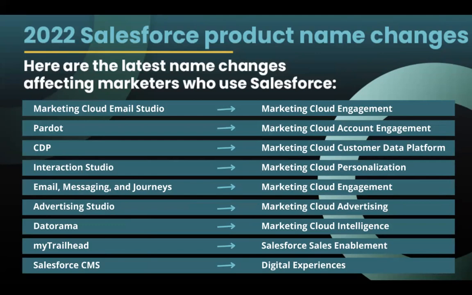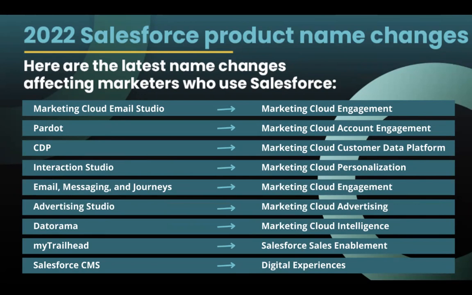Marketing Cloud Email Studio turning into Marketing Cloud Account Engagement, CDP becomes Marketing Cloud Customer Data Platform, Interaction Studio becomes Marketing Cloud Personalization, email messaging and journeys becomes Marketing Cloud Engagement, advertising becomes Marketing Cloud Advertising, Datorama, which is quite good, but the name also is quite good, becomes Marketing Cloud Intelligence platform.